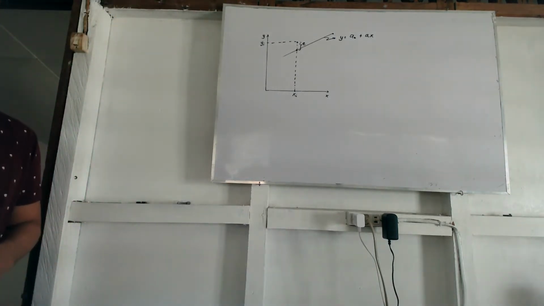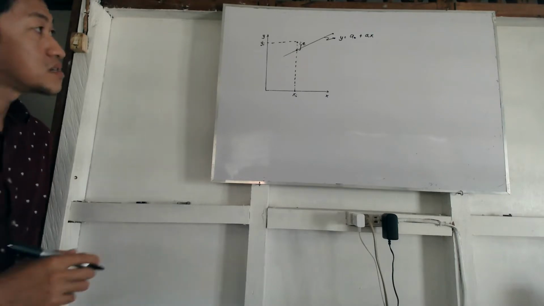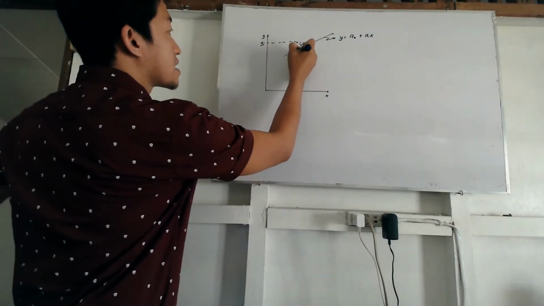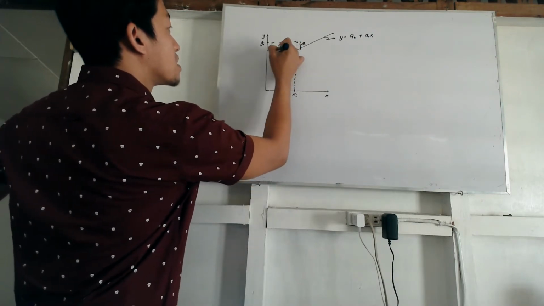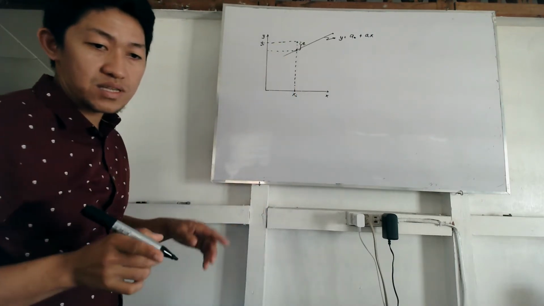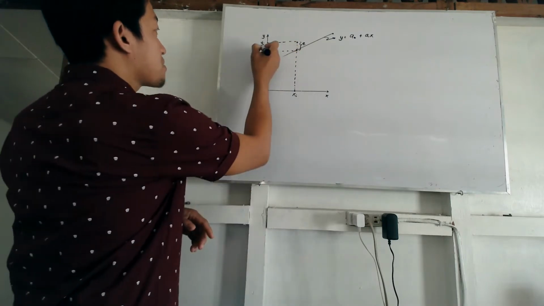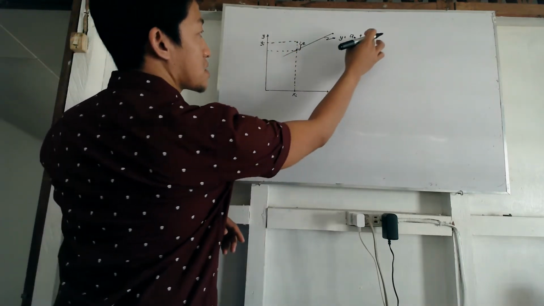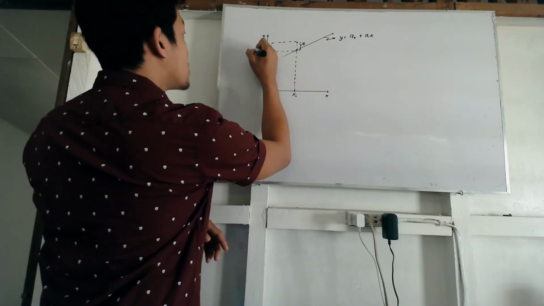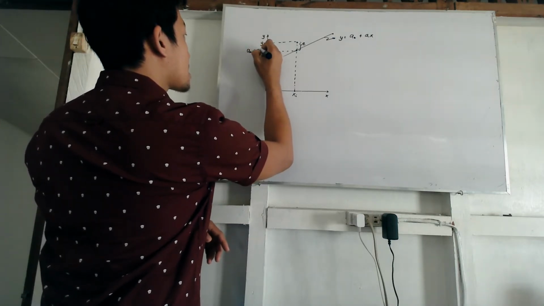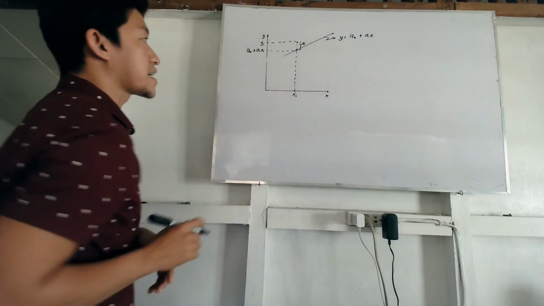AO plus A1x. So kani nga point karon, buhato na to, i-determine na to unsa ang value sa error. Kani nga point xi man, so ato i-substitute dire. So ang value anin is a sub o plus a1 xi.